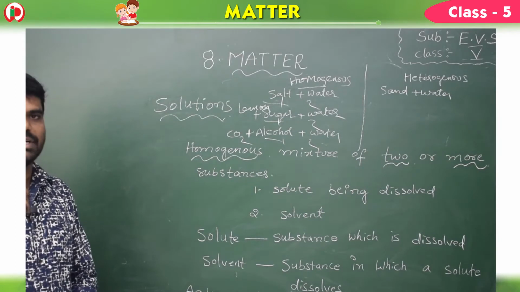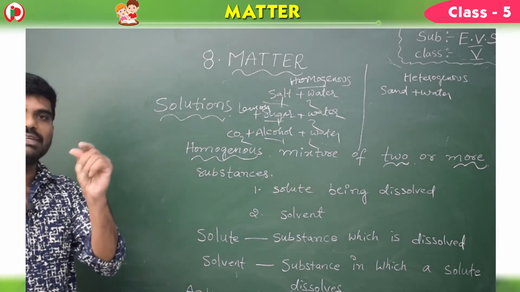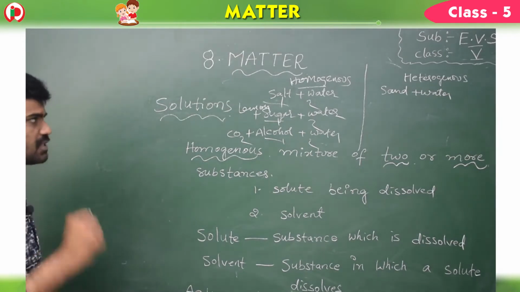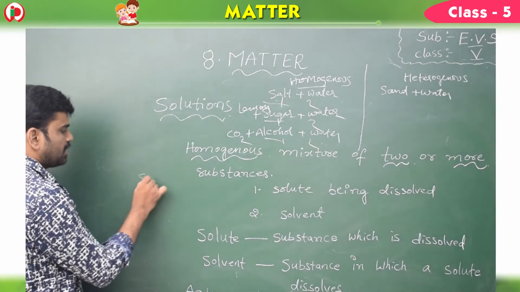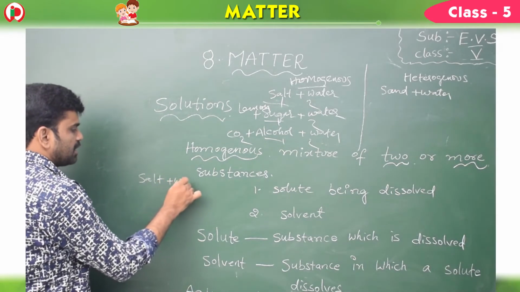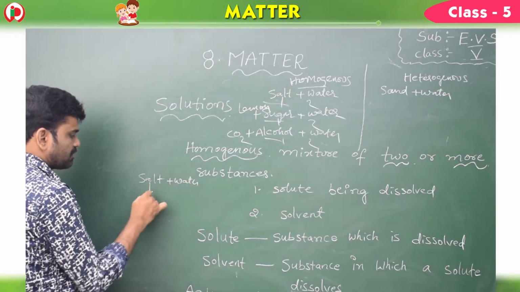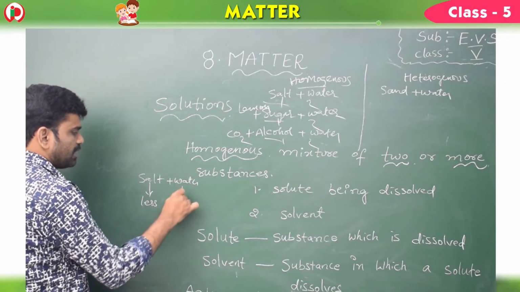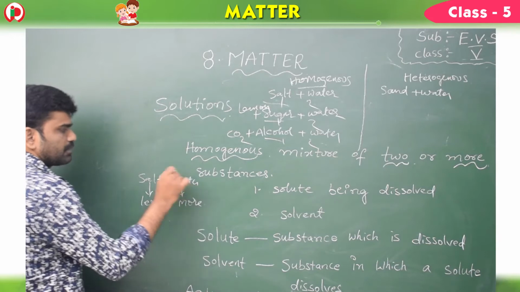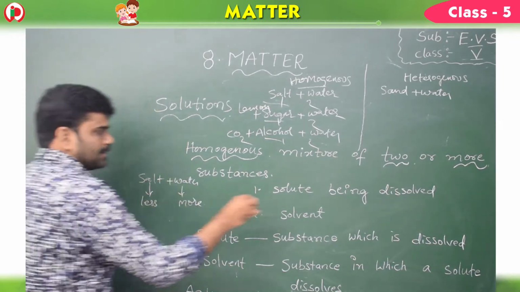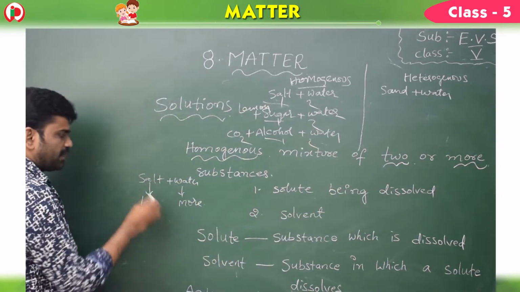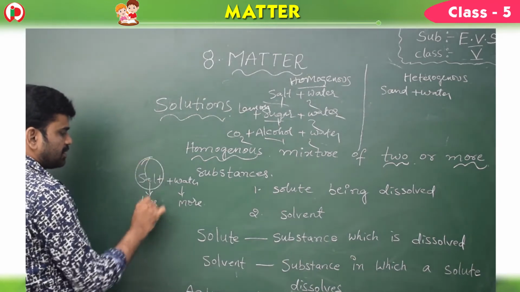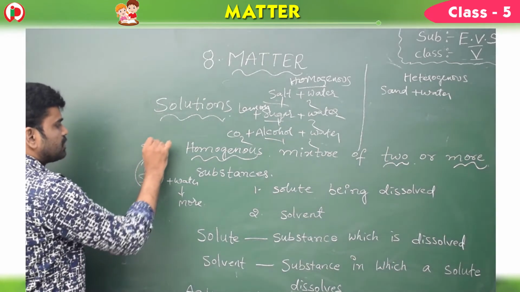And in this solution, the component which is taken in less quantity, see, in salt and water, salt is less quantity, whereas water is more quantity. Solute dissolves in solvent. So salt is less quantity, which is solute.